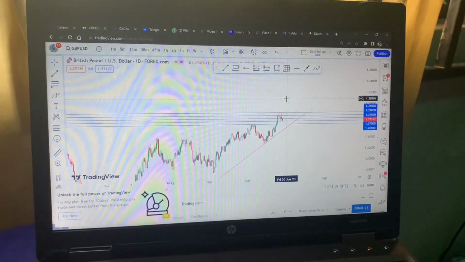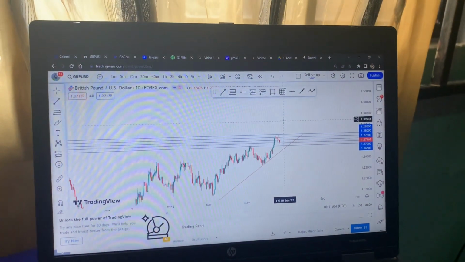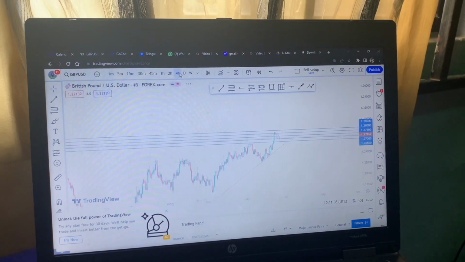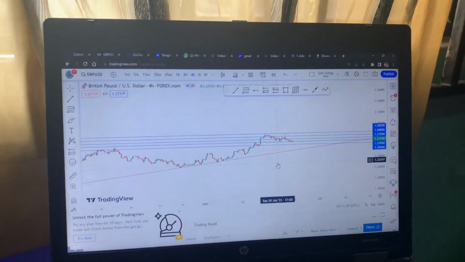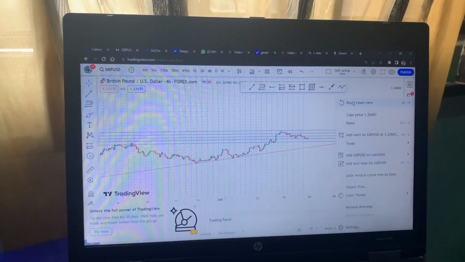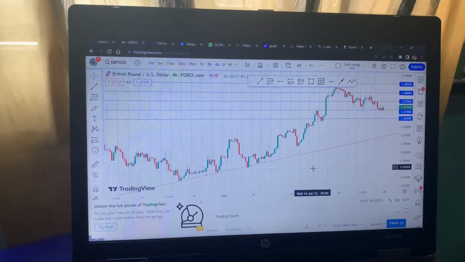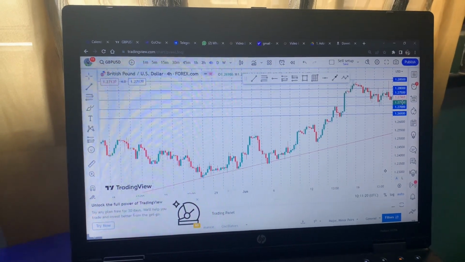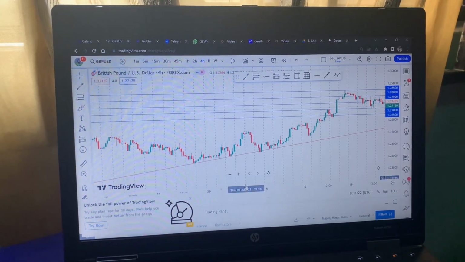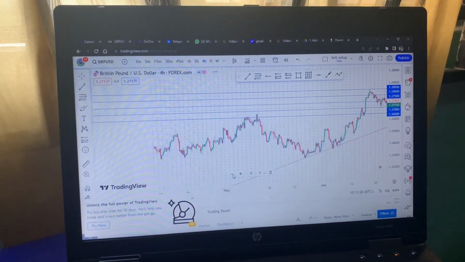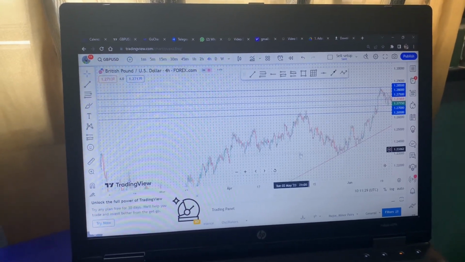So we have talked about the weekly time frame and the daily time frame. Now we're talking about the 4 hours time frame. As you can see, the chart is looking way more detailed than the first weekly time frame you saw. There's so much information for you to capitalize on.